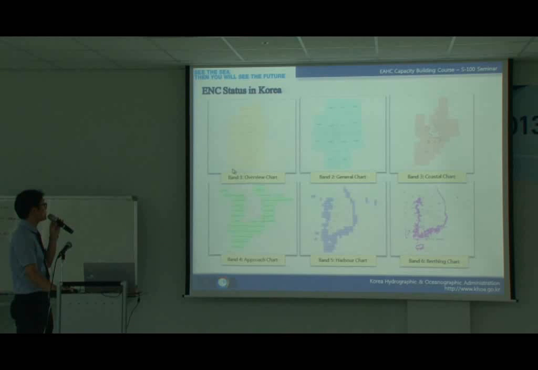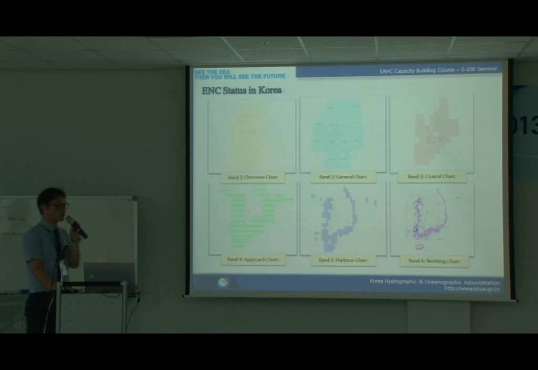Band 1 is overview, which covers all the EAHC region, and band 2 general chart is around Korea, and band 3 is coastal chart, and band 4 the scale is 50,000, band 5 is 20,000 scale harbor, and band 6 berthing chart. This band 6 scale is 1 to 5,000.